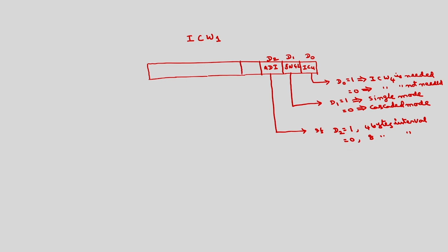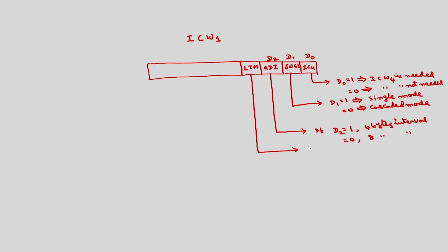The next bit is LTM, level triggered or edge triggered. As I have told, one of the important features of this 8259 is that it will accept both edge triggered as well as level triggered interrupts.